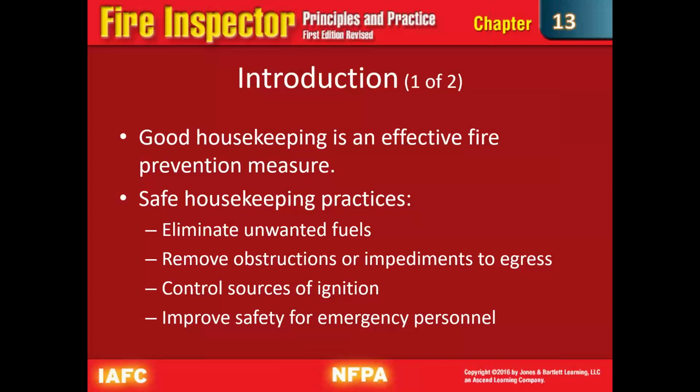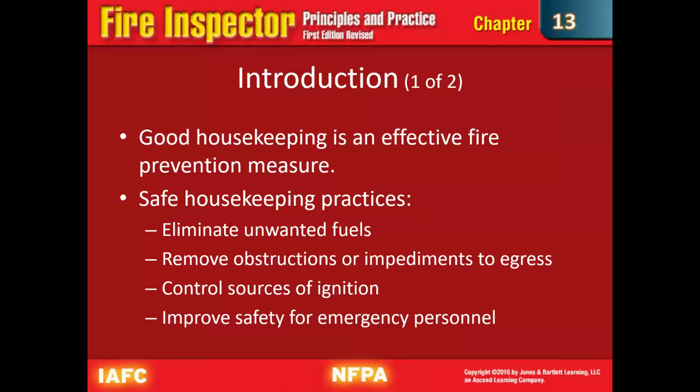But during the safe housekeeping, we're going to eliminate unwanted fuels. If you have tall grass and things around a building, that can easily catch fire and spread to the building. We're going to check for any obstructions or impediments to egress out of the building, and any sources of ignition that we can improve, and keep them from igniting materials that are nearby.